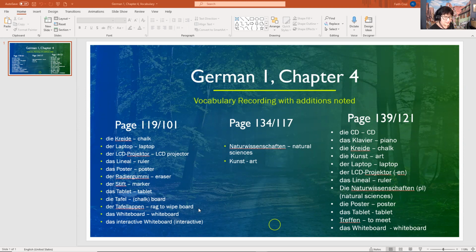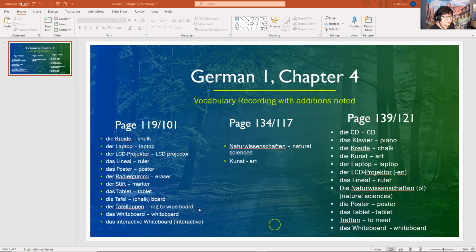Computer, Heft, Kuli, Landkarte, right? And then some of these newer words, laptop, which you can figure out, of course, but you just need to know it is der Laptop, and LCD-Projektor, which I'm sure you can figure that out too, except you need to know that it is also masculine.